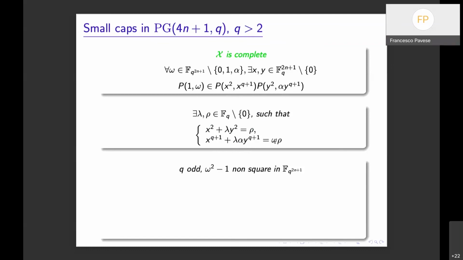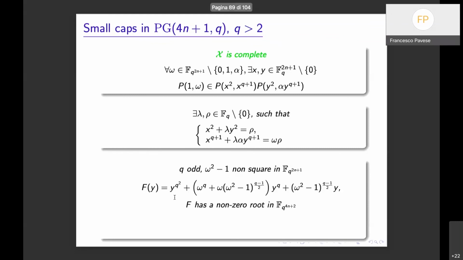Actually, to solve this algebraic problem turned out to be quite difficult in the case when Q is odd and omega squared minus 1 is not a square in this field. It translated into the problem of finding a non-zero root of this linearized polynomial.